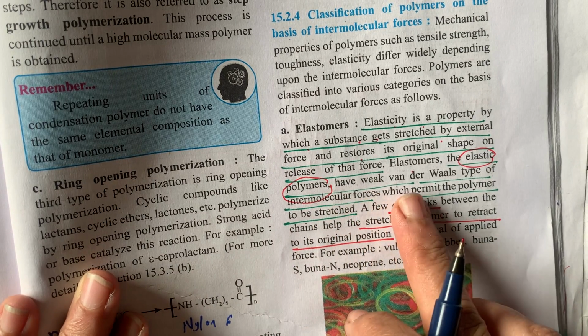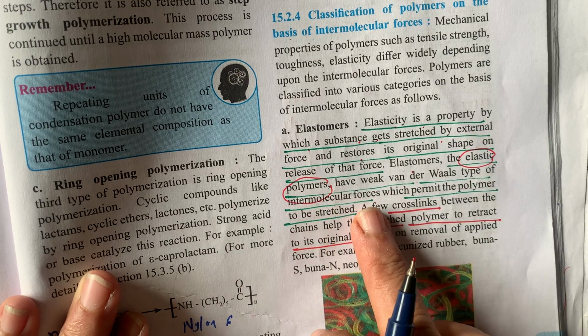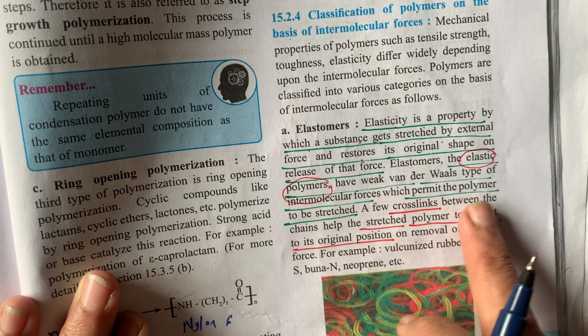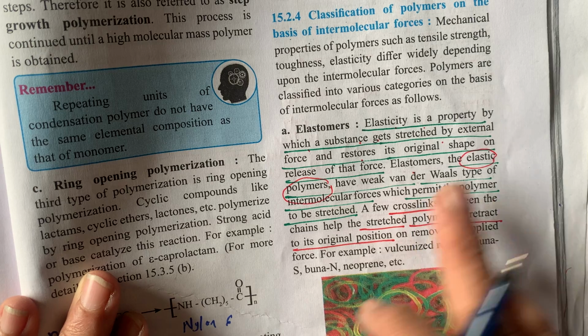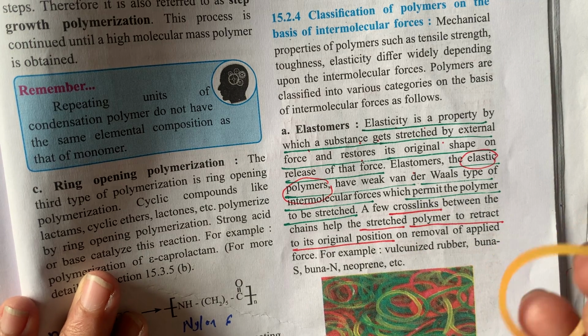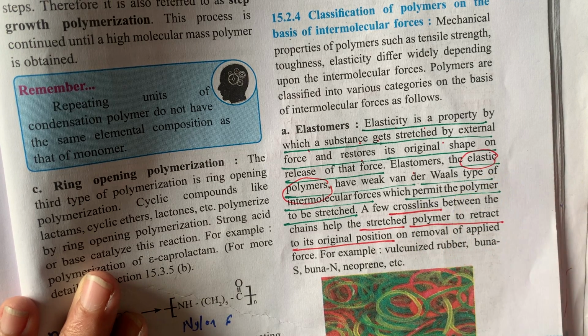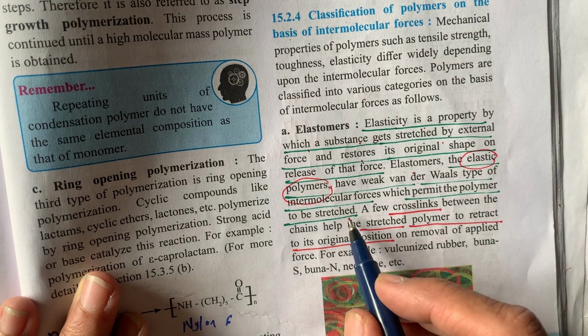They have very weak van der Waals type of intermolecular forces, which permit the polymer to be stretched. Van der Waals forces are very weak in this, and that is why it permits the polymer to stretch.